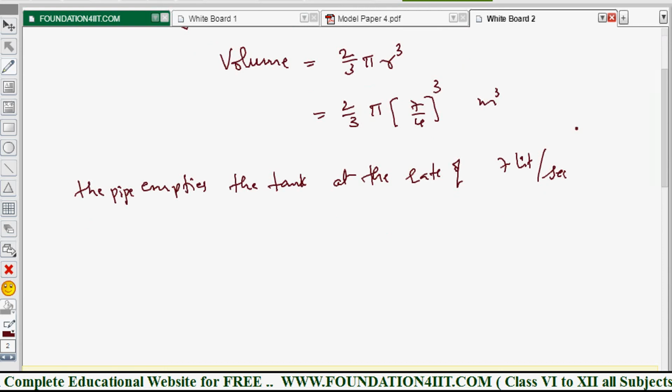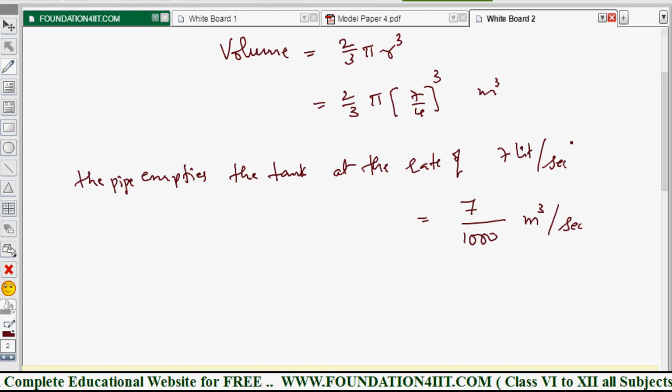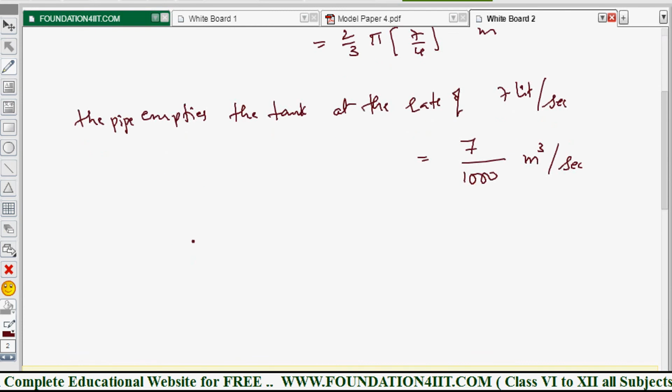Then if you convert liters into cubic meters, it is 7 by 1000 cubic meters per second. So in 1 second it empties 7 by 1000 cubic meters. Now the volume of the water emptied by the pipe in 1 minute. We need to find out the time in minutes. Let's take the time in minutes.